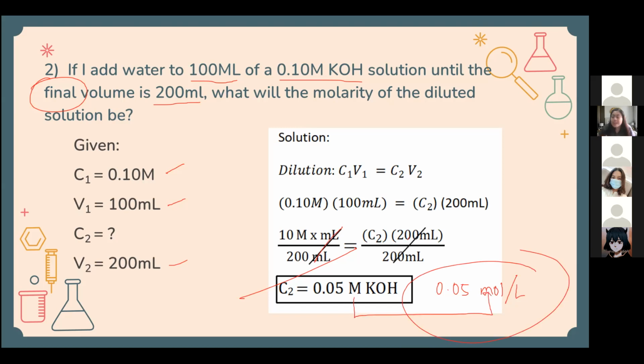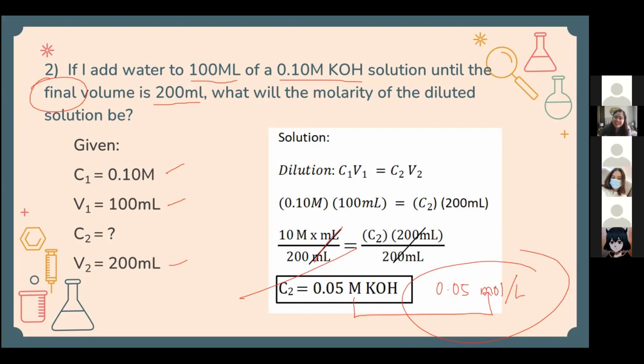Pareho lang yan. Questions about number 2 na problem? Ma'am, if wala nalagay yung unit, 0.05 M lang siya tapos wala yung potassium hydroxide? Wala yung potassium hydroxide mong ginamit? Yes, ma'am. It's okay. Thank you po.